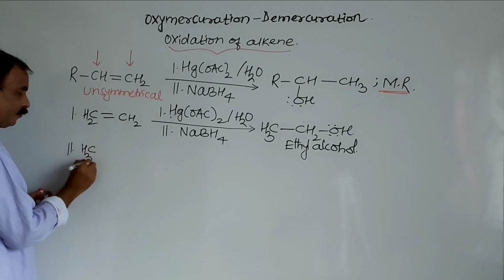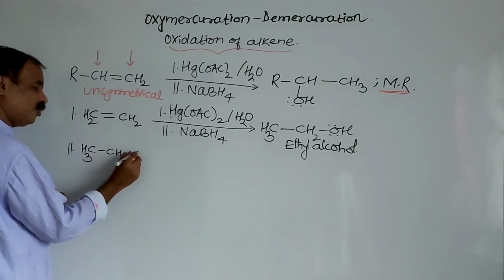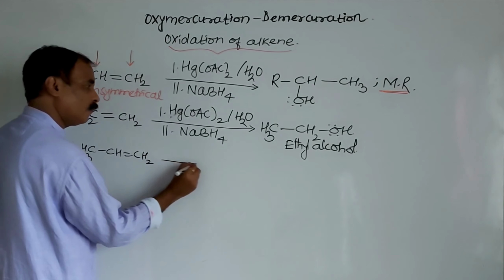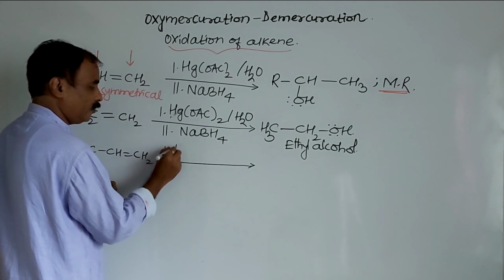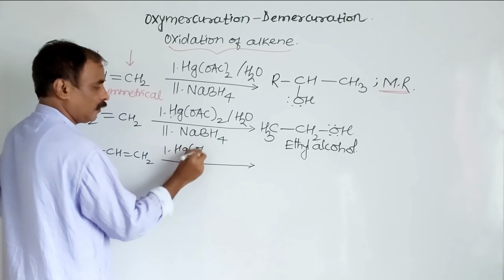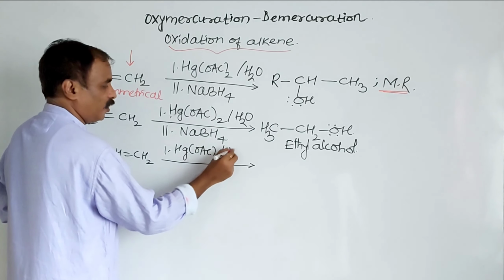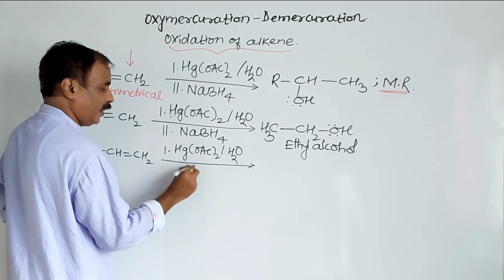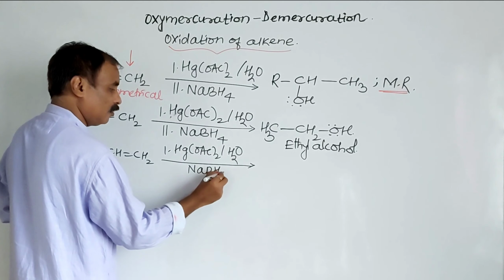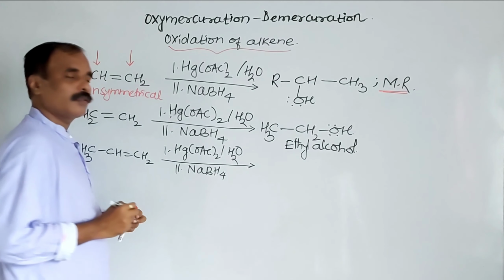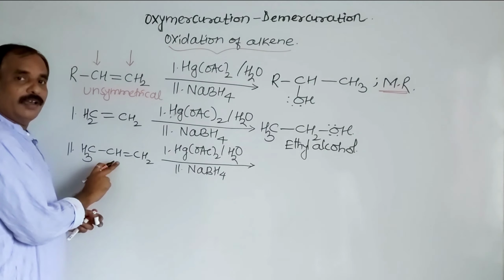I will take a second example: propene. A reaction of propene with mercuric acetate in the presence of water, followed by sodium borohydride. This is the second step. Now this alkene is unsymmetrical.